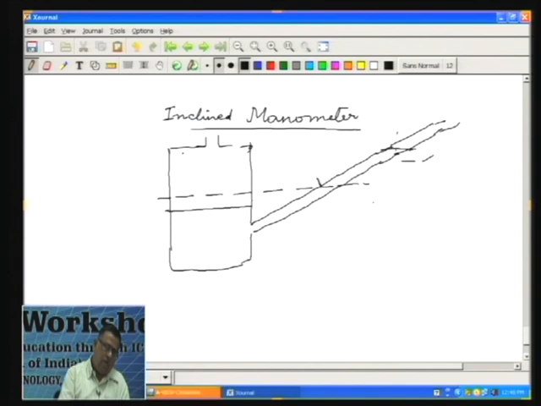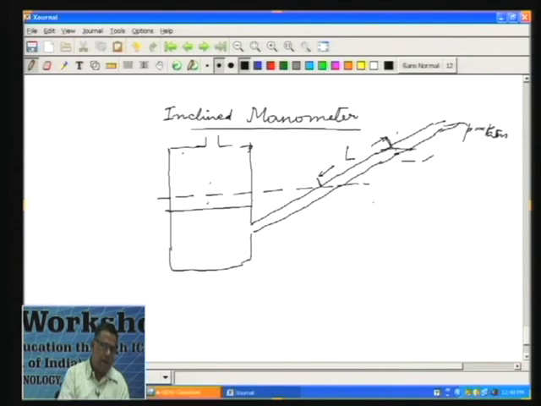Now, we will have a scale which is inclined and we will read this distance, we can call it L. Now, this side is P equal to P atmosphere, and here you have a pressure at the free surface.